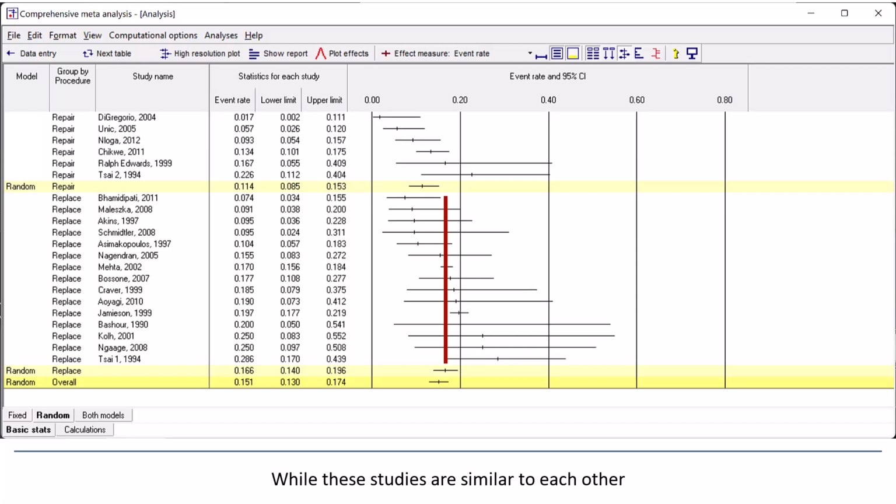While these studies are similar to each other in the sense that they were primarily for mitral valve replacement, they are not based on a common population, and they do vary from each other in many important ways. Therefore, again, we apply the random effects model. And this also allows us to generalize the results to the universe of comparable studies. To select the random effects model within studies, we click this tab at the bottom of the screen.